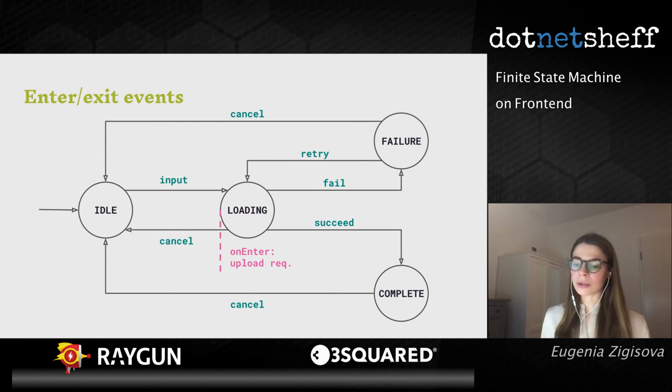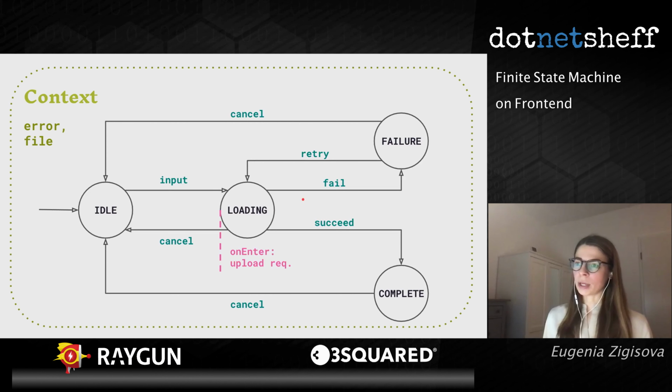And we also need some data, like an error message, and the file and file name to display to the user, and the file is needed to retry. And we can enhance the finite state machine with a context where all this necessary data will be stored.